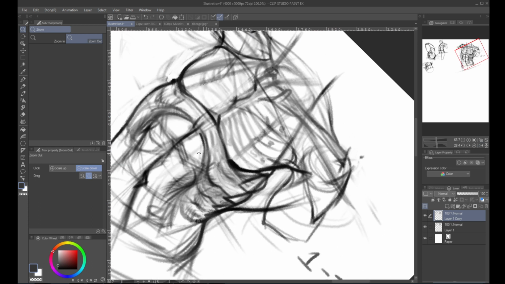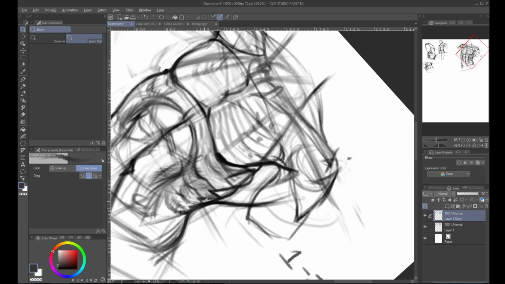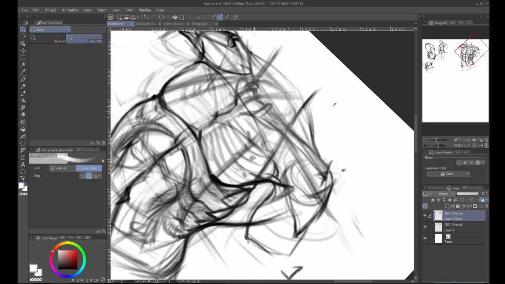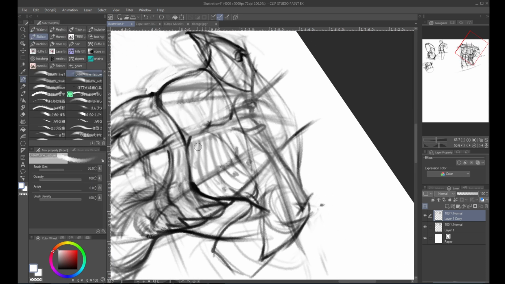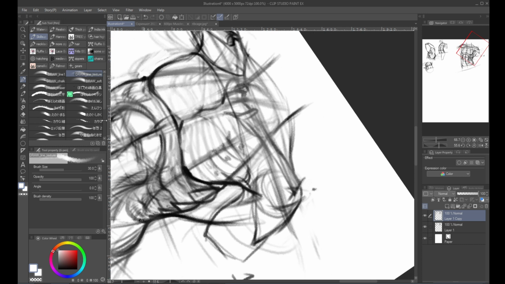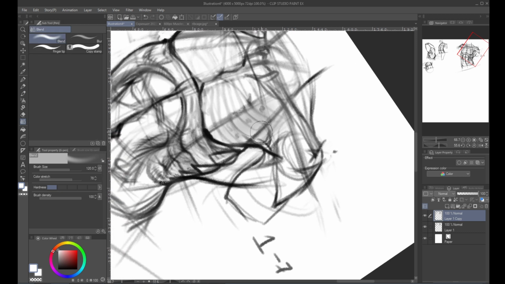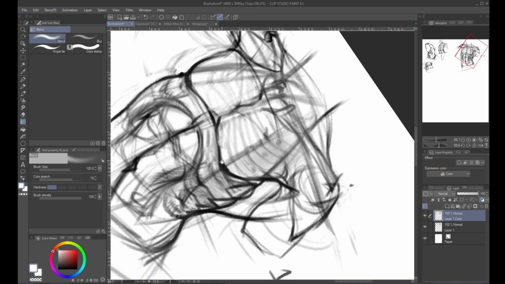So what we have here is a pretty rough sketch that we can now modify. Now I will have to hide these ribs a little bit more, but we might use them later anyway. And now these parts can be shaded like this to show that the form is facing away.